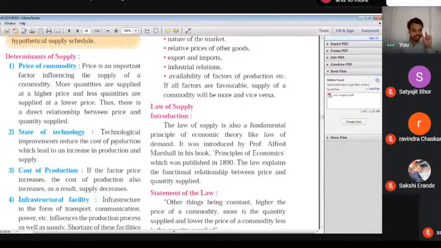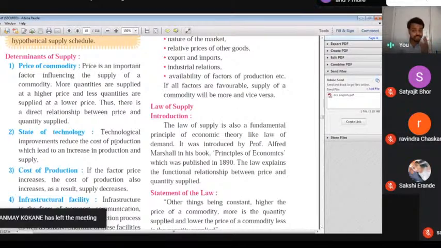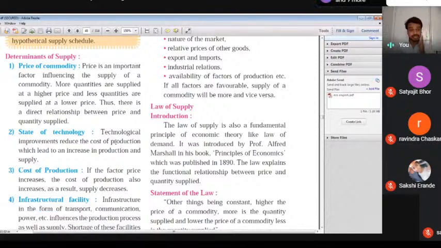Supply means the commodity is offered by the seller, and demand means the commodity is required by the consumer. If a commodity is required by the consumer, we call it demand, and if it is offered by the supplier, the seller, that is supply. That is the simple thing.